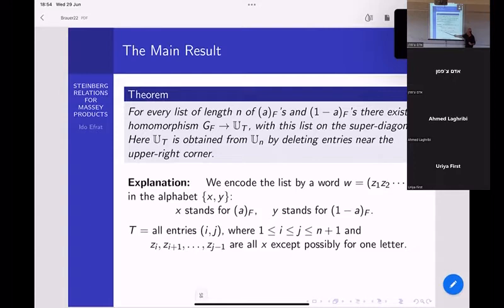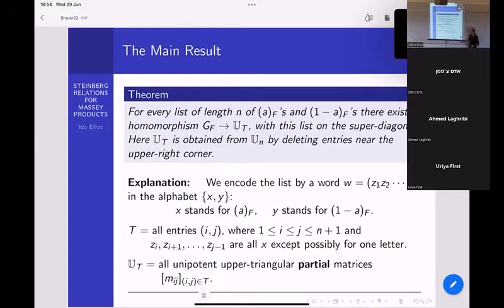All entries ij, i less than j, such that the segment of the word W that starts with Zi and ends just before Zj, so it ends at Z(j minus 1), consists only of X's with possibly one exception, which is Y. If it is, then you put it in T. If it isn't, then you don't put it in T. Now, U_T, the group in the main theorem, is the group of all unipotent upper triangular partial matrices where you take only entries in T.